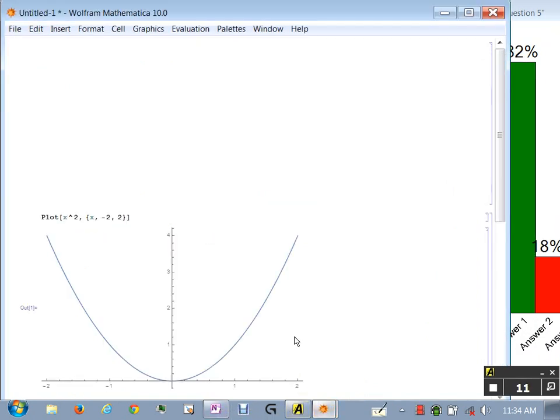You can modify the quadratic however you want. Do you think that there's a way to get some quadratic out there to match up with this? Yes or no? Okay? All right. So we got almost 80% saying yes.